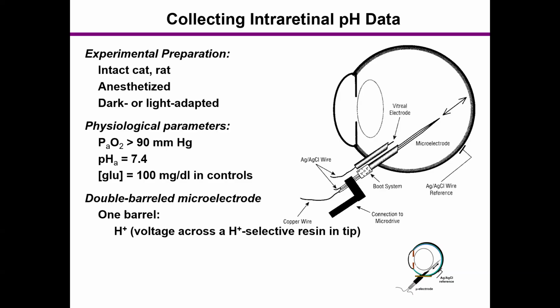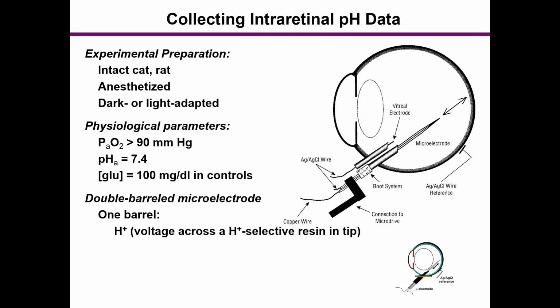One reason for not doing mice is that the mouse eye is even smaller than the rat eye, and we can't really maintain normal physiological conditions in mice, whereas we can in rats and cats. So we try to maintain normal physiological parameters, and we take blood samples all the time to check that.